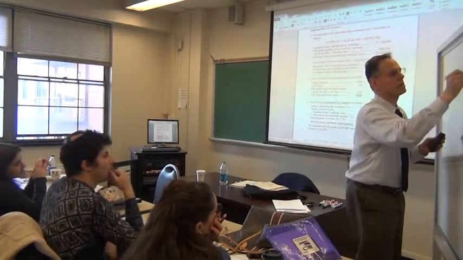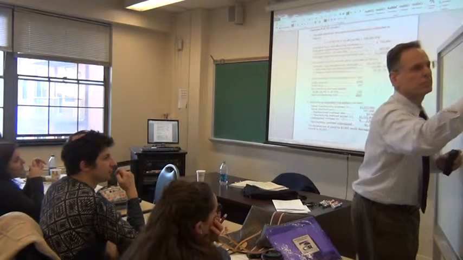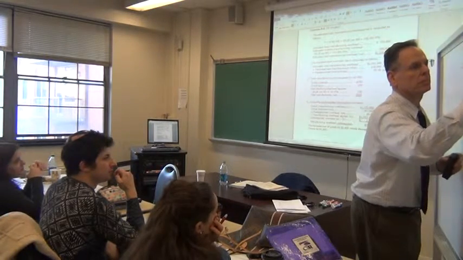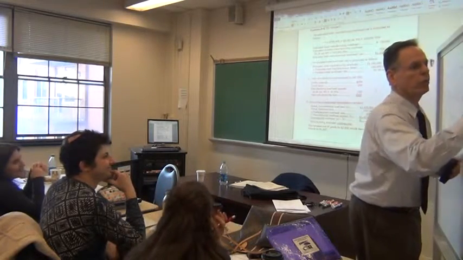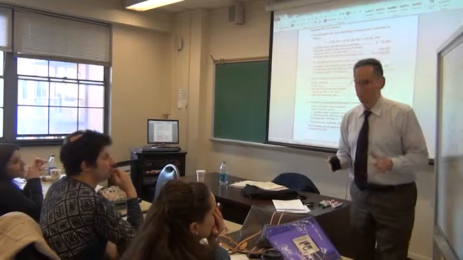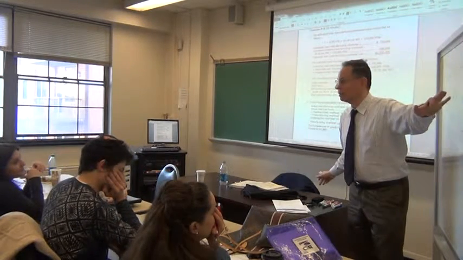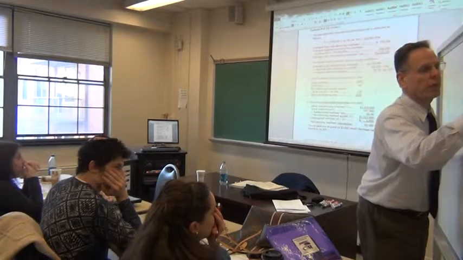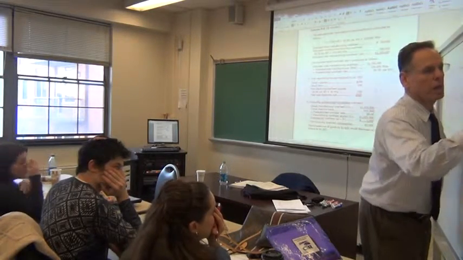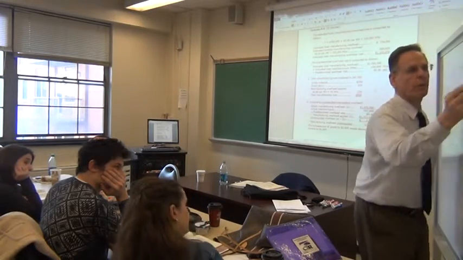Right. And what's the applied overhead? 1,323,000. And we know this is equal to the actual machine hours times the $9 per hour. How many machine hours were there actually? 147,000. So this equals 147,000 times $9 per hour, and that's how we got that.